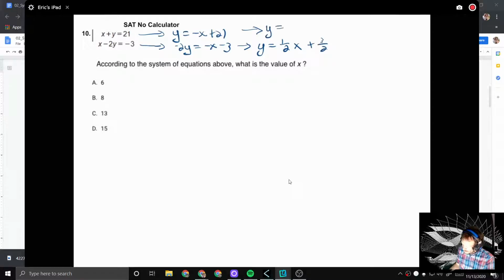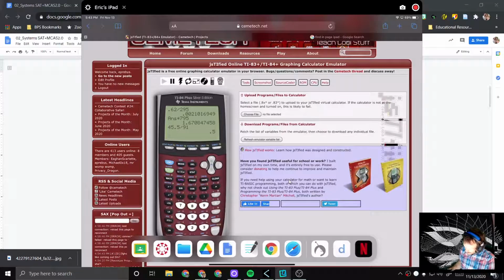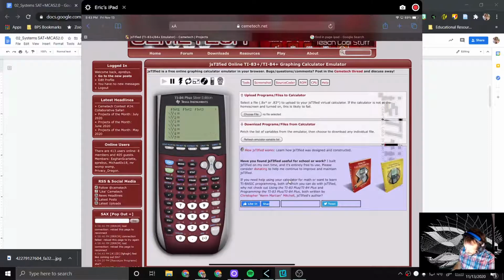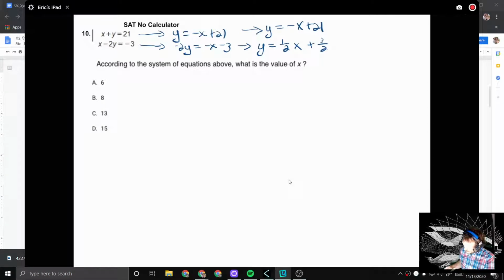Y equals negative x plus 21. And I can graph those on the graphing calculator. And I forgot already. 1/2 x plus 3/2.